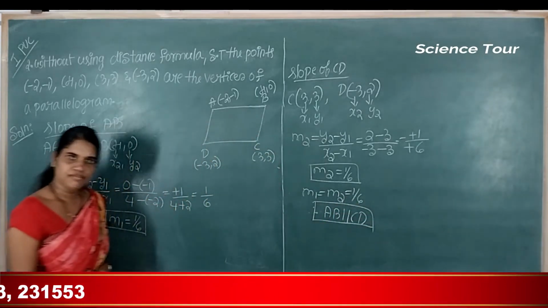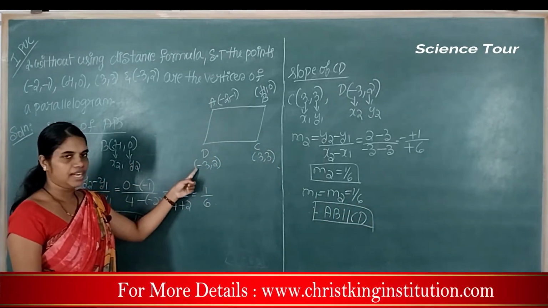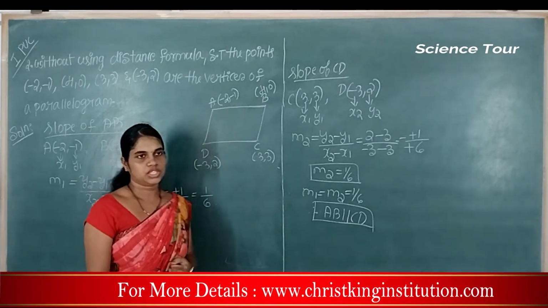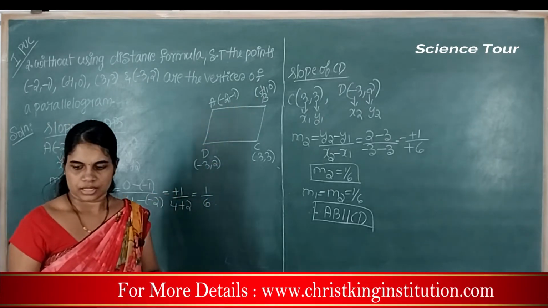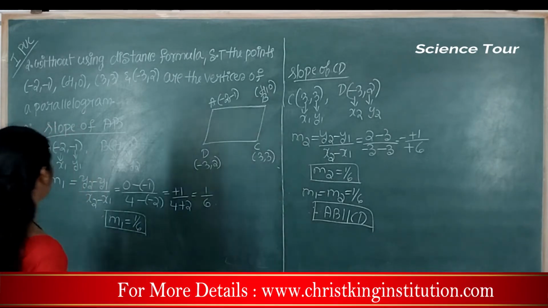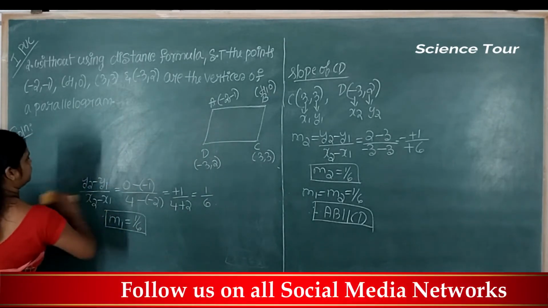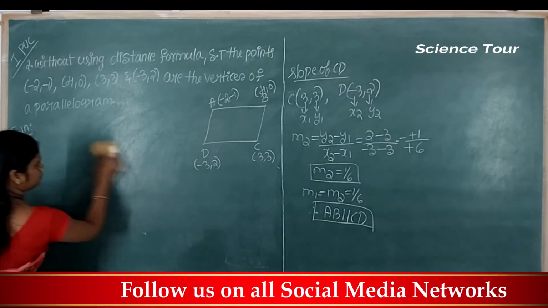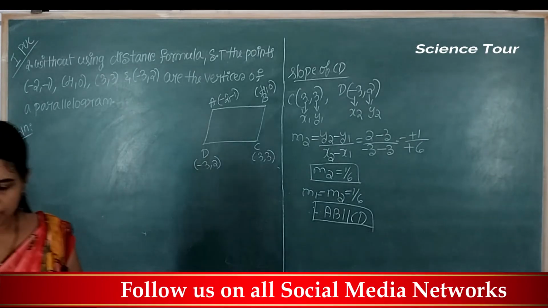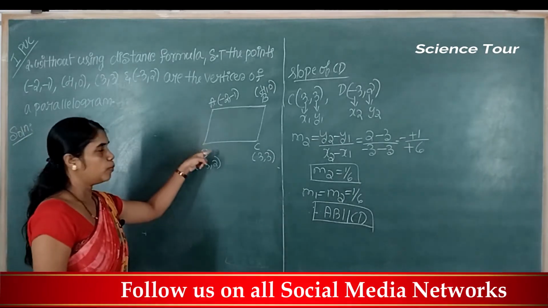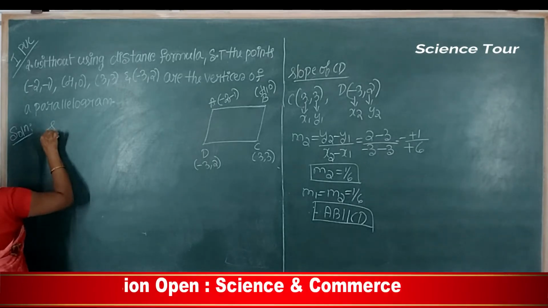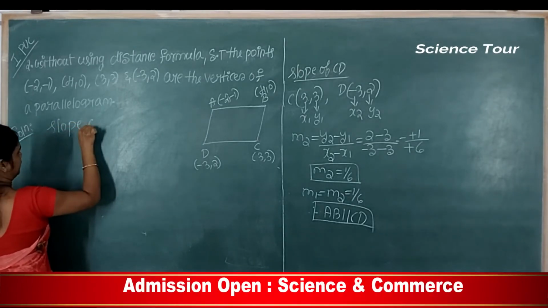So by the same way we'll prove the side AD is parallel to the side BC. So now I'll calculate the slope of which one? Slope of AD.